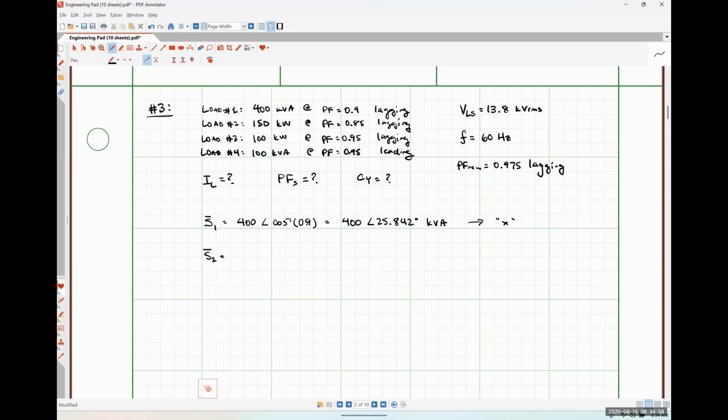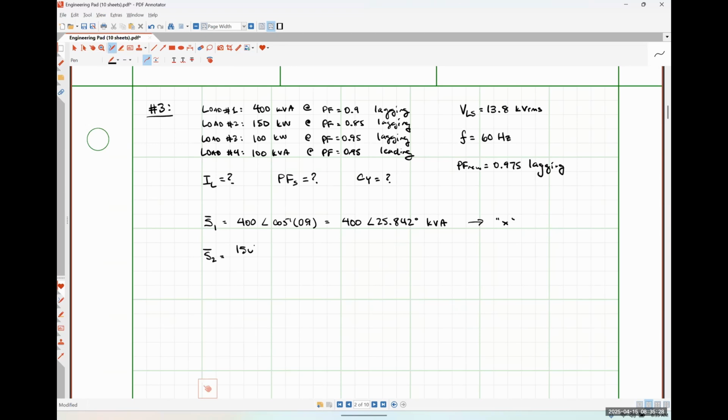So somebody else tell me how we're going to do the complex power absorbed by load 2. It's not the same thing because our power was given to us in watts. Exactly right. So we take the average power and divide it by the power factor to give us our apparent power. And then from there, it's the same thing.